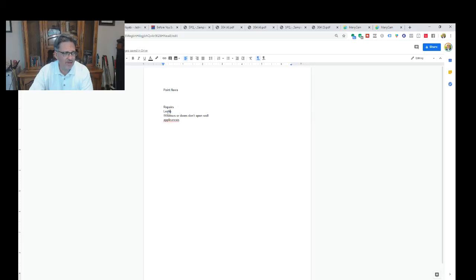Now, one of the things that comes up a lot is, as I said before, the bay windows. You're going to know when your windows open and close easily, and almost every inspector comes through and opens and closes the windows. If they don't open, that puts them on notice. They also look around for evidence of moisture, signs that moisture had invaded.